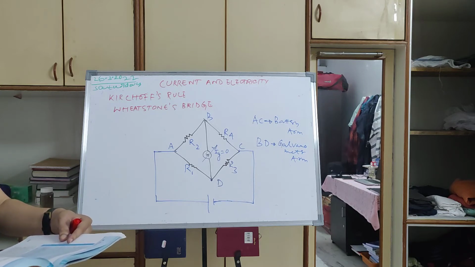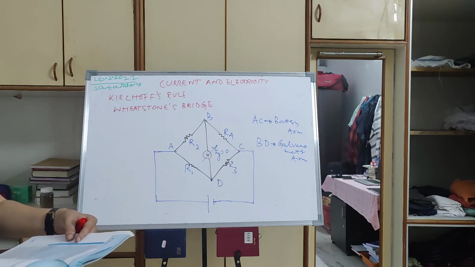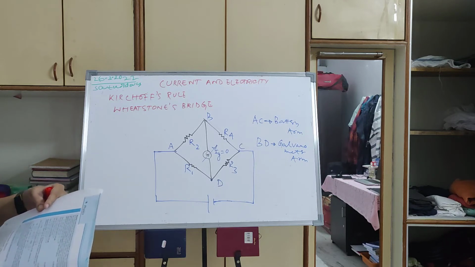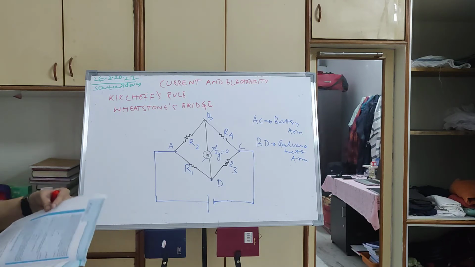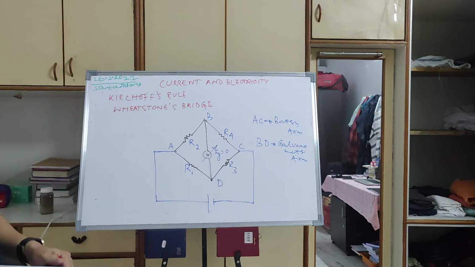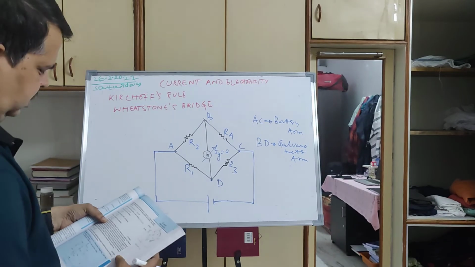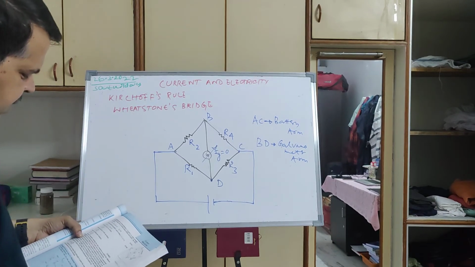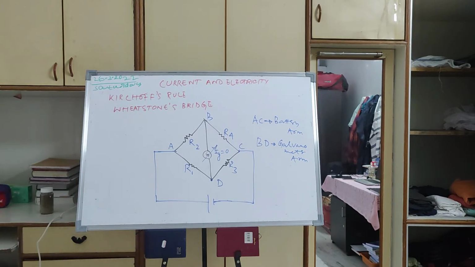In this case, the Kirchhoff junction rule is applied to junctions D and B, and we apply the Kirchhoff loop rule to loops ADBA and CBDC.